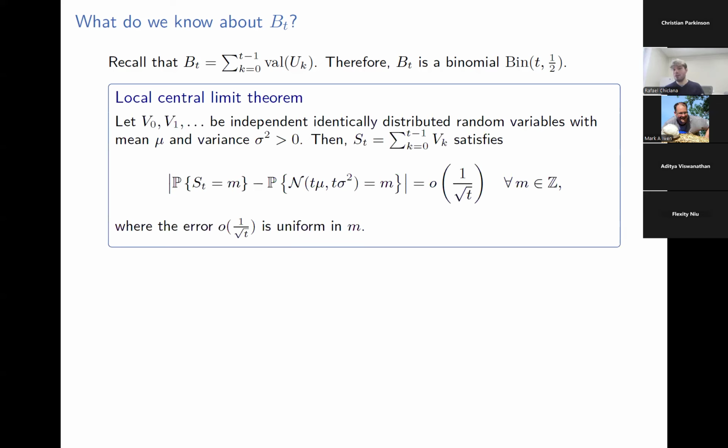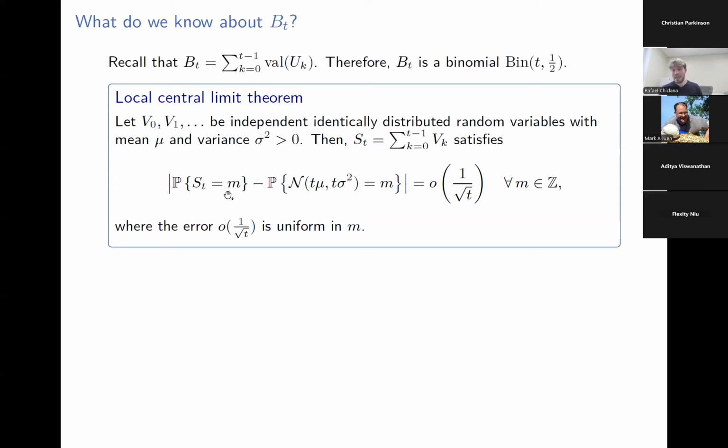And we know a lot about the binomial distribution. The asymptotic behavior is very well known. In particular, the classic local central limit theorem tells you that, when you have independent, identically distributed random variables and you add them, then the pointwise convergence will behave as the convergence of the normal distribution.